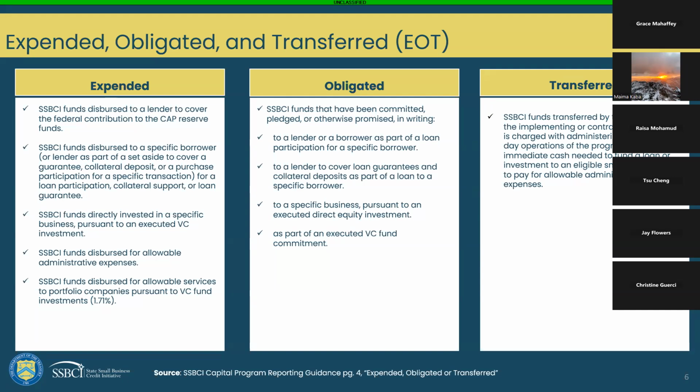So that's the big distinction there. For direct equity to be considered obligated, there should be a signed investment agreement between the jurisdiction or its contracted entity and the investee committing the funds, but the funds have not been received by the business. There's a commitment to fund, but that has not been funded.